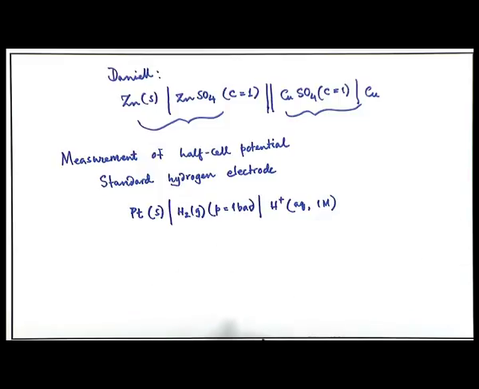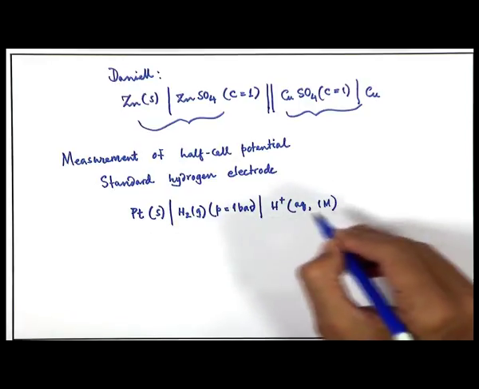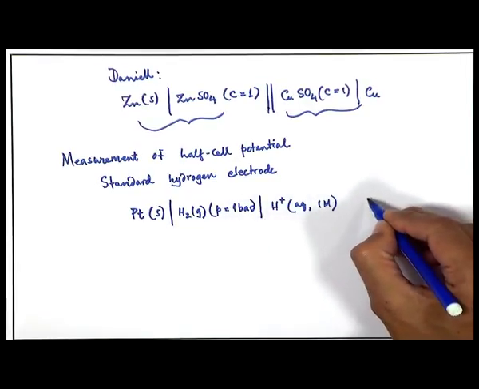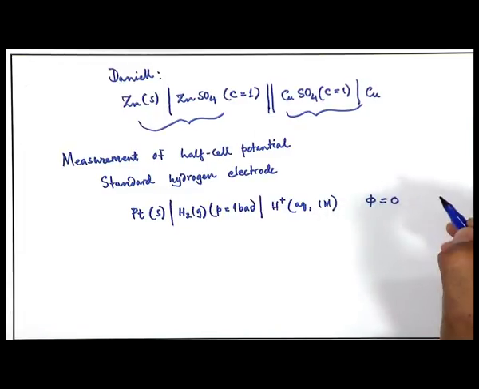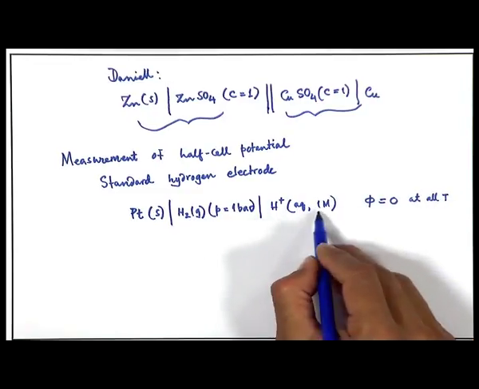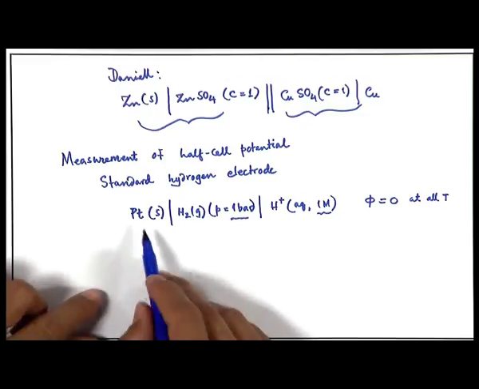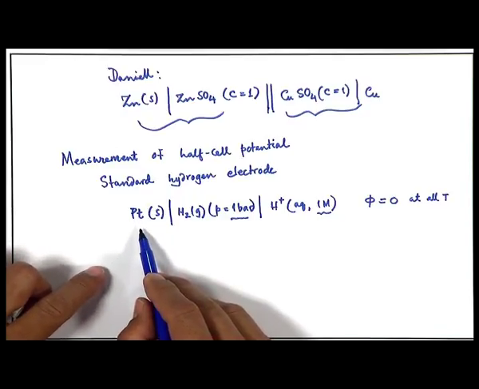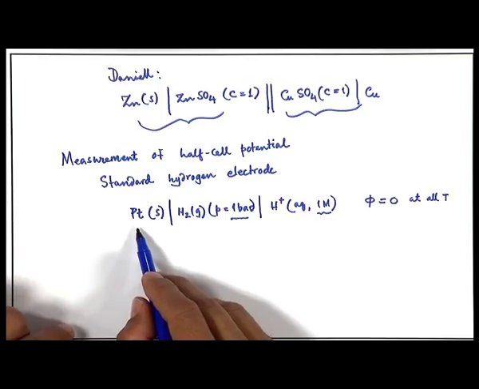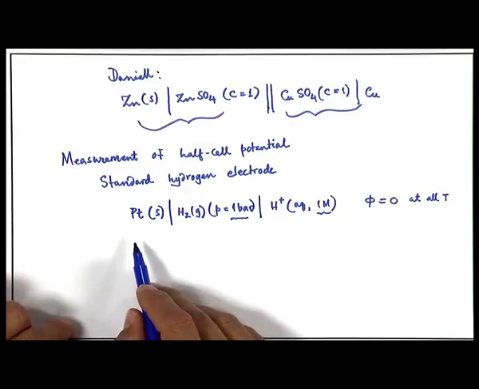And at all the temperatures, when this condition is maintained, this phi is assumed to be equal to 0 at all T, provided this condition and this condition is maintained. So, it is a platinum solid. Now, basically it is a platinum wire or platinum plate on which finely divided platinum particles are coated. So, it is a platinized platinum electrode.